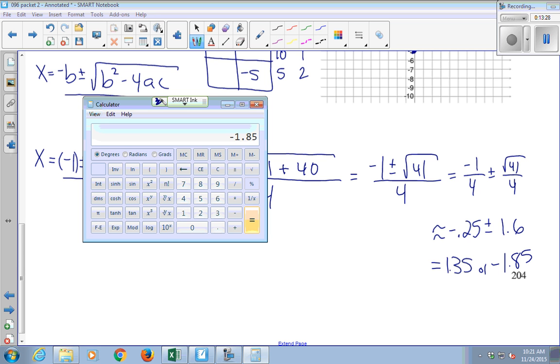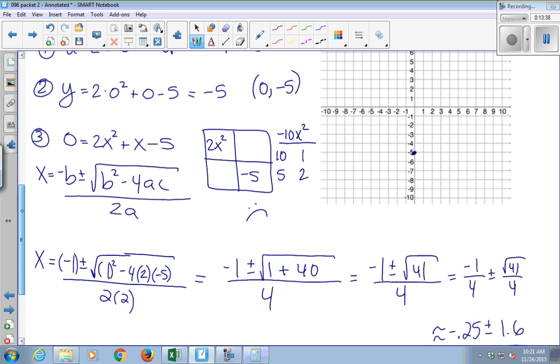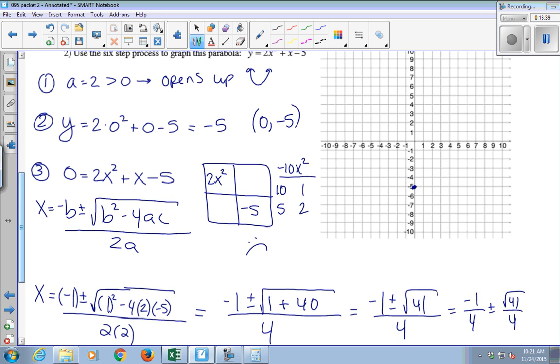So those are my x-intercepts. So I'll plot them, 1.35 and negative 1.85. You just do the best you can to estimate where they go.